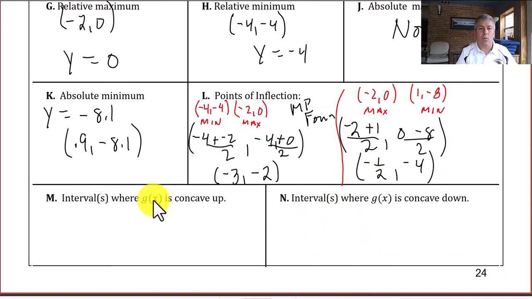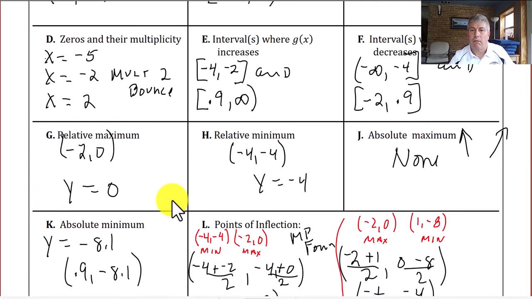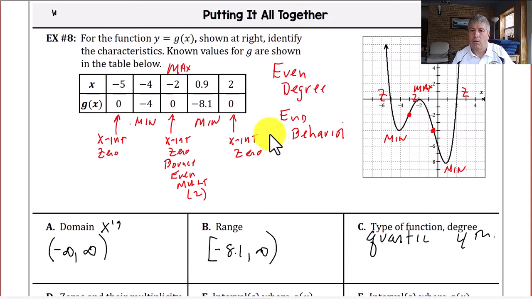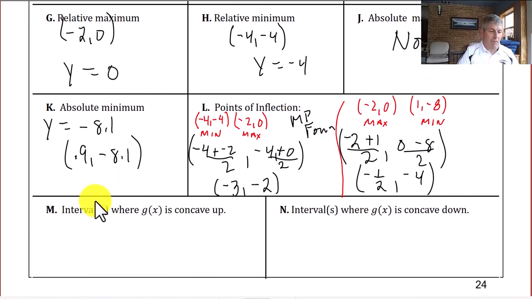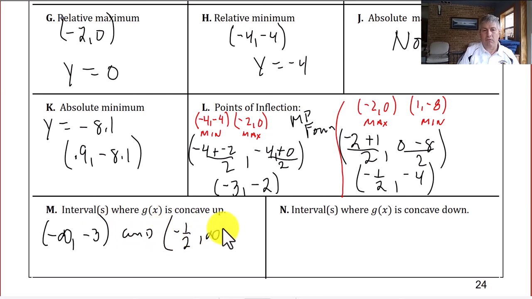The intervals where our graph is concave up, that is going to occur here from -infinity to our inflection point, and again from our other point of inflection to positive infinity. So for x values, that's going to be from -infinity to -3, and then also from -1/2 to positive infinity.